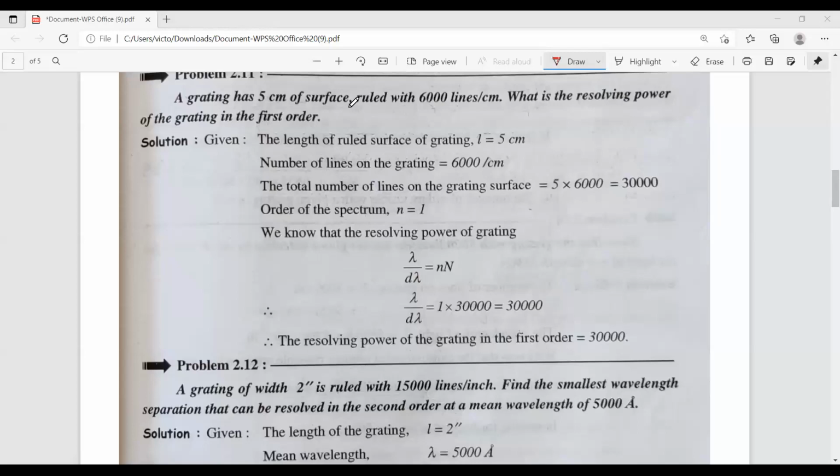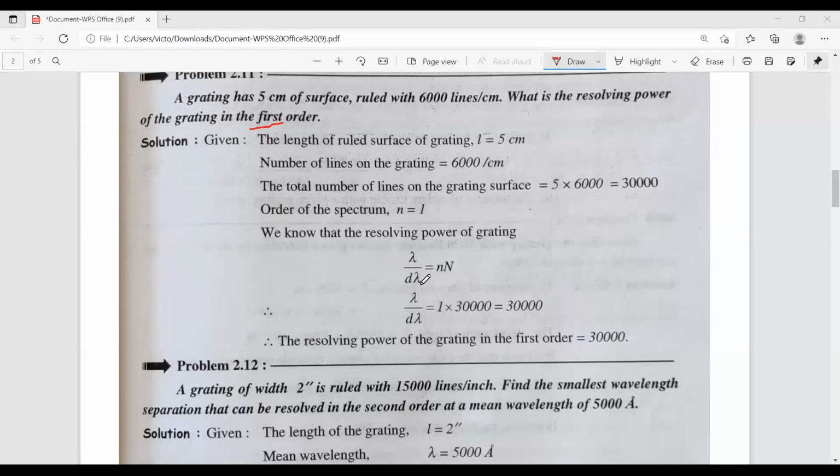So here, ruled means the grating consists of 6,000 lines per centimeter. That means it consists of 6,000 slits per centimeter. We have to calculate the resolving power of the grating in the first order. So what is the expression for the resolving power of the grating?